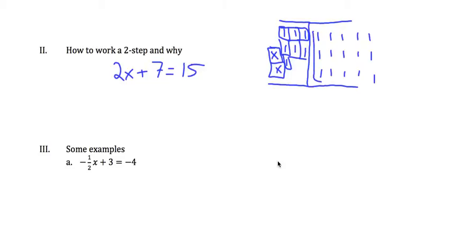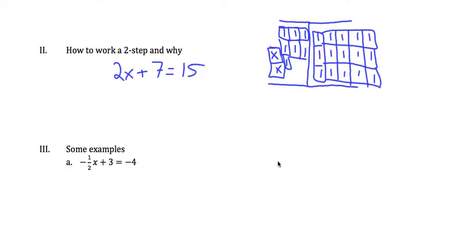Okay, and I'm going to draw those into nice little cubes. So pretend we have a bunch of cubes on here, and all those cubes represent 1, but then we've got the 2 that are x. We need to figure out what a single x is valued at, okay?